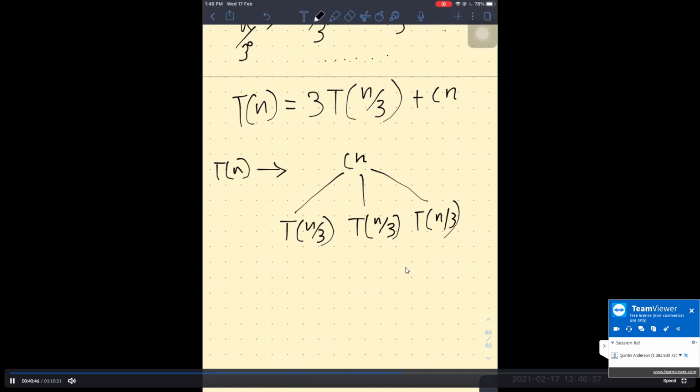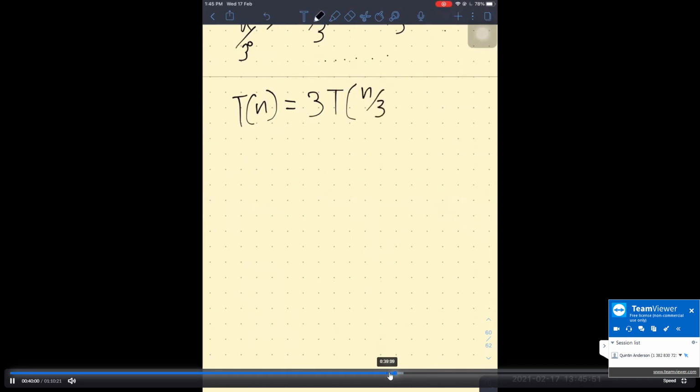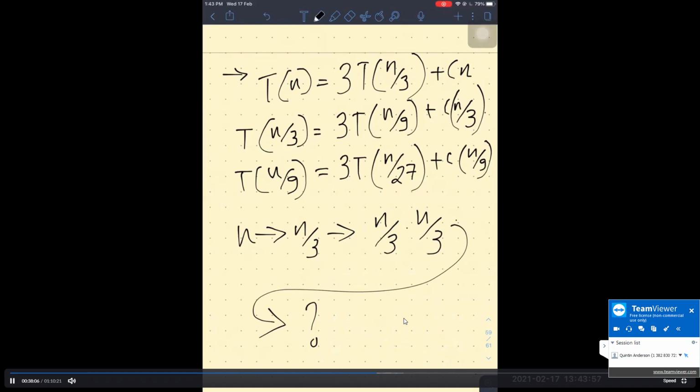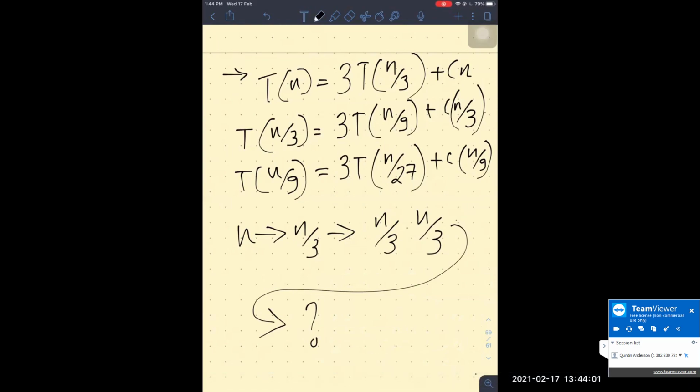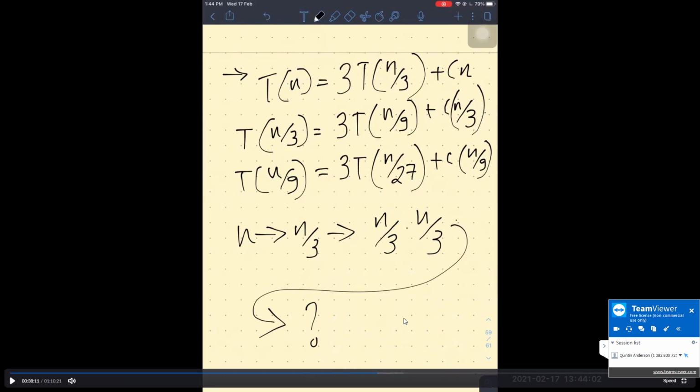Again in that tree, we'll replace each of these T of n divided by 3. We used n divided by 3 times n divided by 3. Now what will be the next term? Anyone has any idea? Yeah.